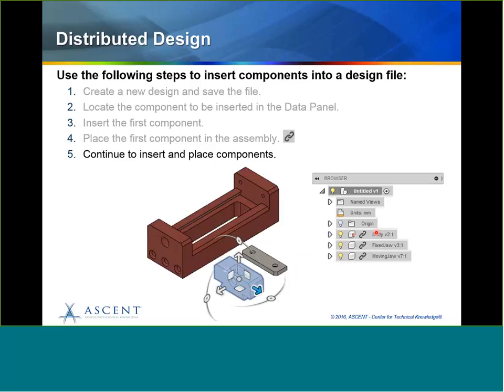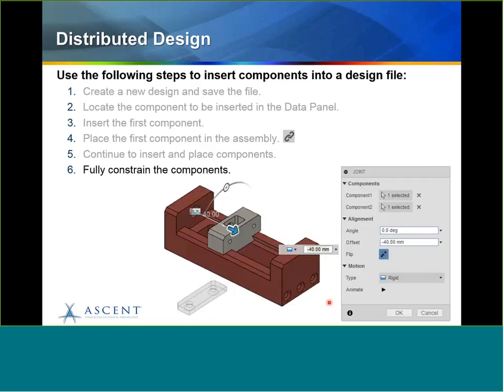I tend to use it to move the component into a convenient location for my constraint step that's next, and I'll even rotate it so that I can see the faces I'm going to need to select when I go to constrain it. So you can see I've added a couple of components here, and one of them is still activated in the move tool.